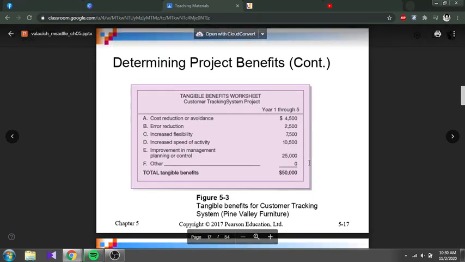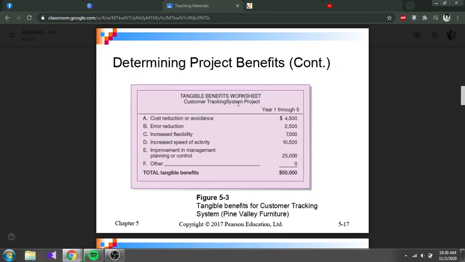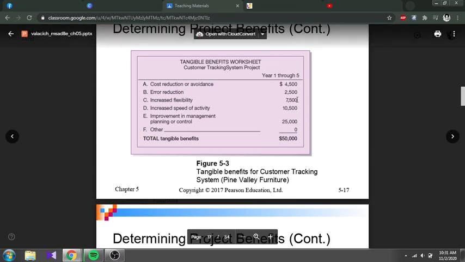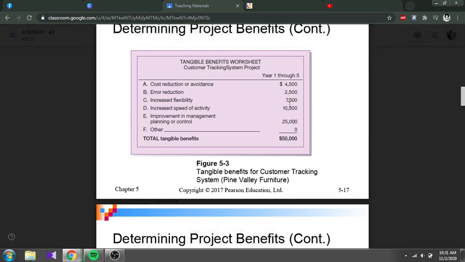Okay, I think we got another example, this one on the tangible benefit worksheet. Just look at this one. The error reduction is 2,500, increased flexibility 700. Then the total tangible benefit from this project on the customer tracking system, they got $50,000.